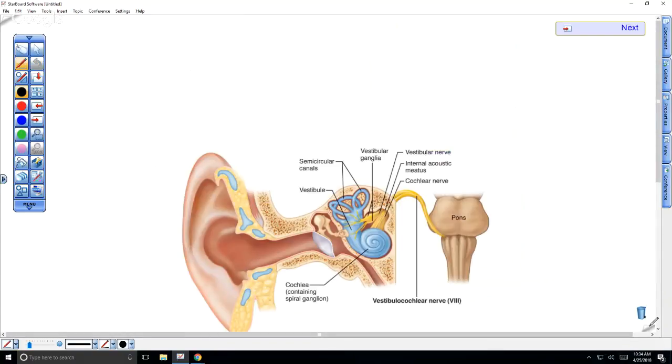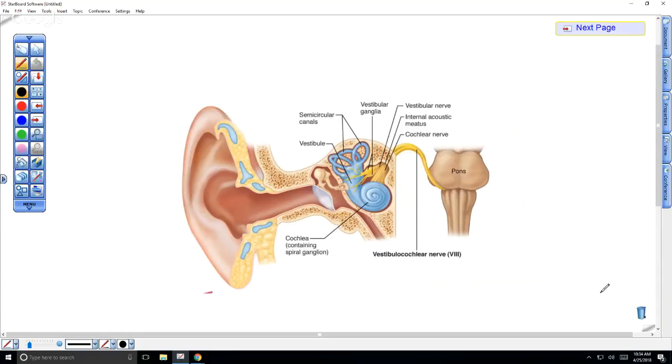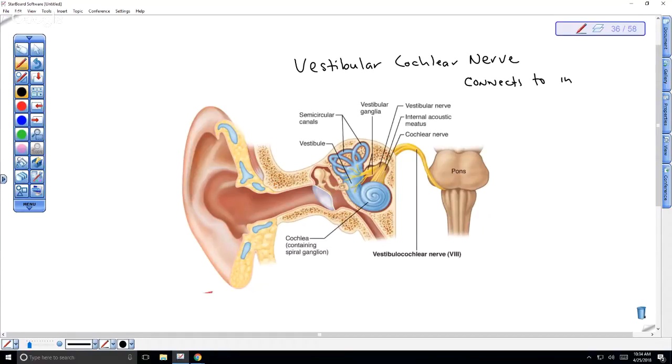Okay, so the next one is the vestibular cochlear nerve. And this is a really interesting one because it connects to the inner ear. And it is also mostly sensory.